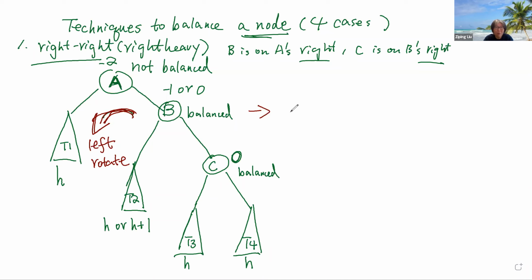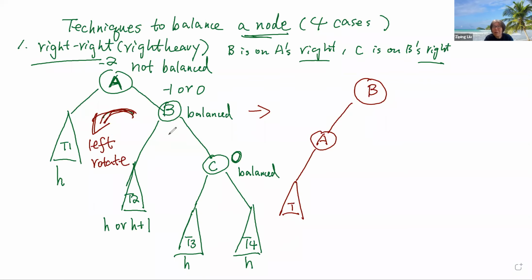We rotate A to B's left. We're going to bring B up and bring A down, making A the left child node of B. Node A still has its tree T1.